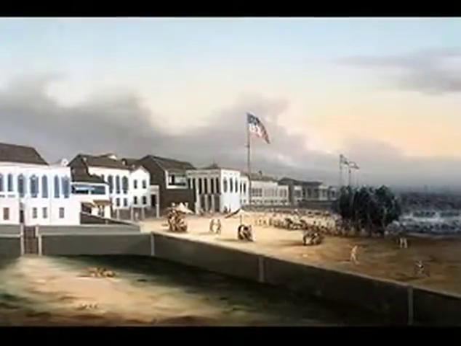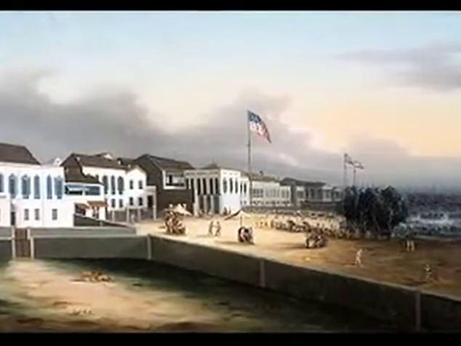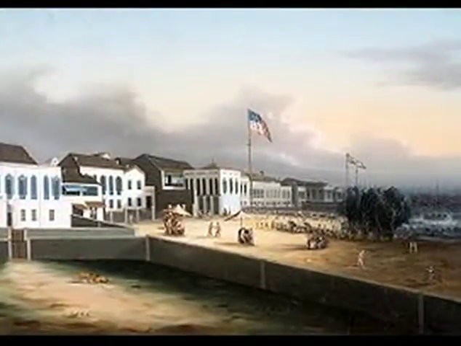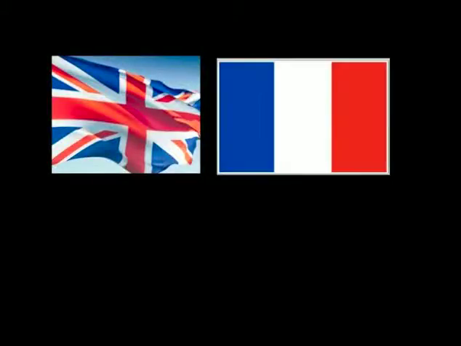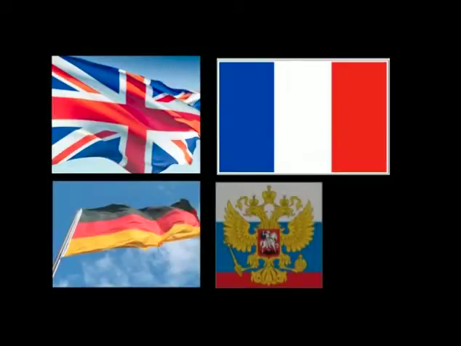Foreign capital came into China not in the form of industries but as foreign loans. As China had to pay a huge war indemnity to Japan, China needed money badly, and European powers like Britain, France, Germany, and Russia came forward to give loans to China.